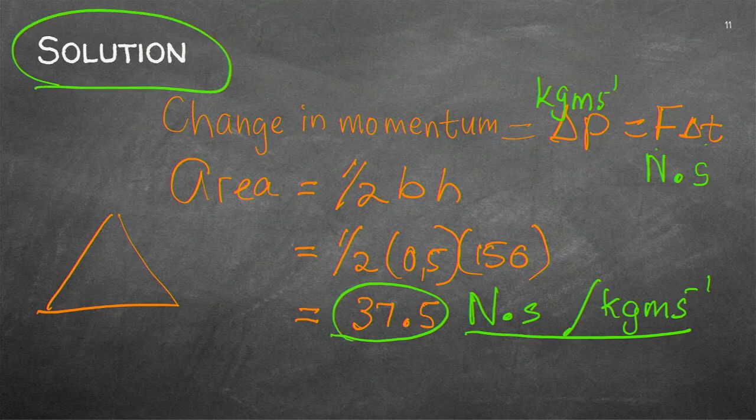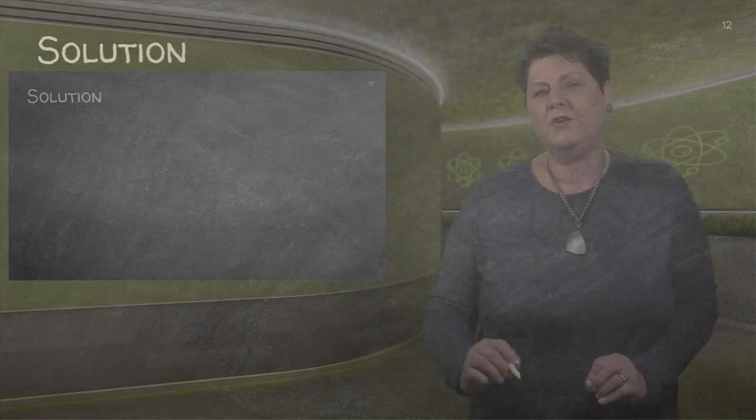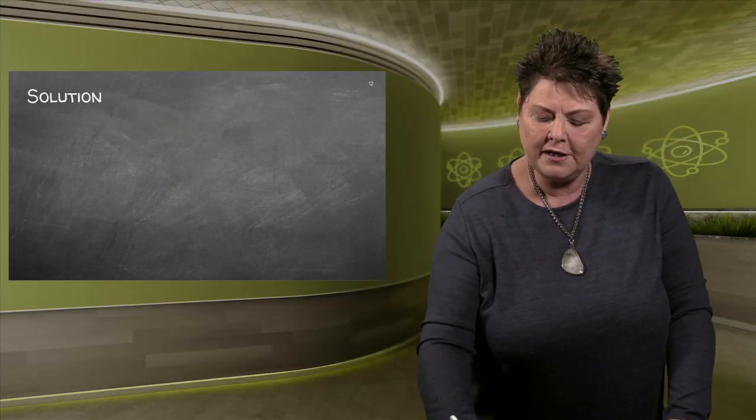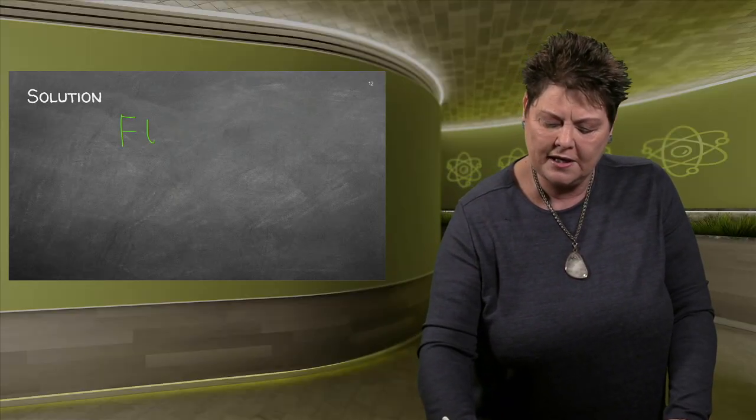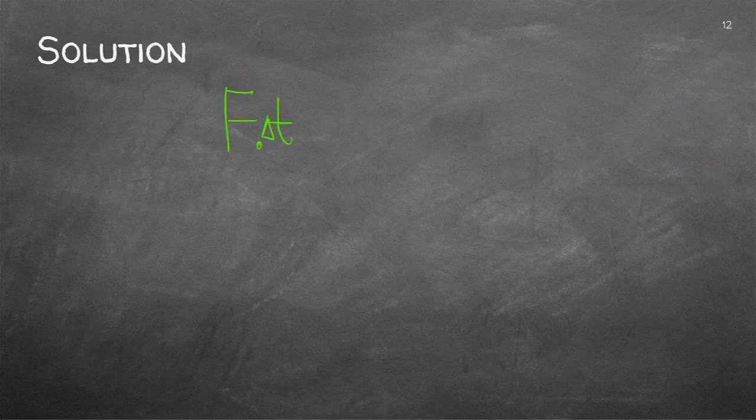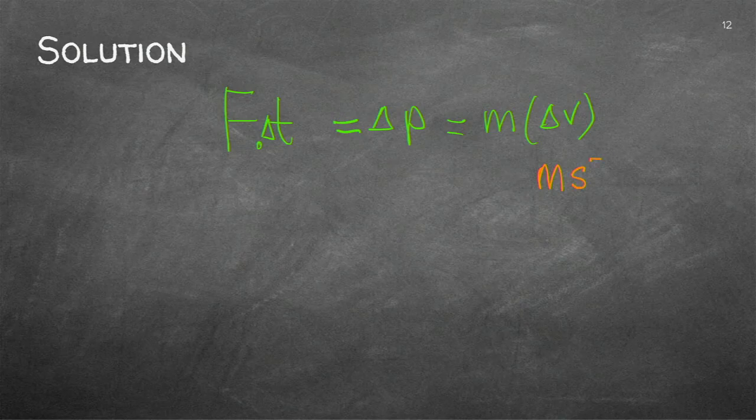Let me quickly explain to you what we mean with the units being the same. I'm going to rewrite the equation again. I've got F delta t, and here I have delta P, or mass times the delta v. I can measure the delta v in meter per second. I know I measure mass in kilogram.